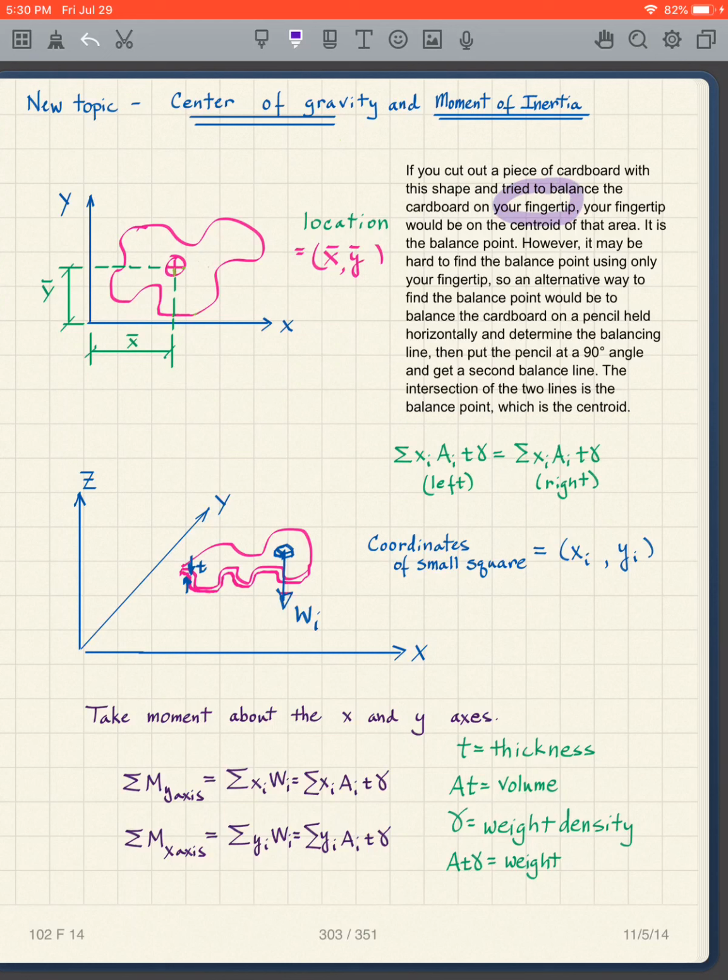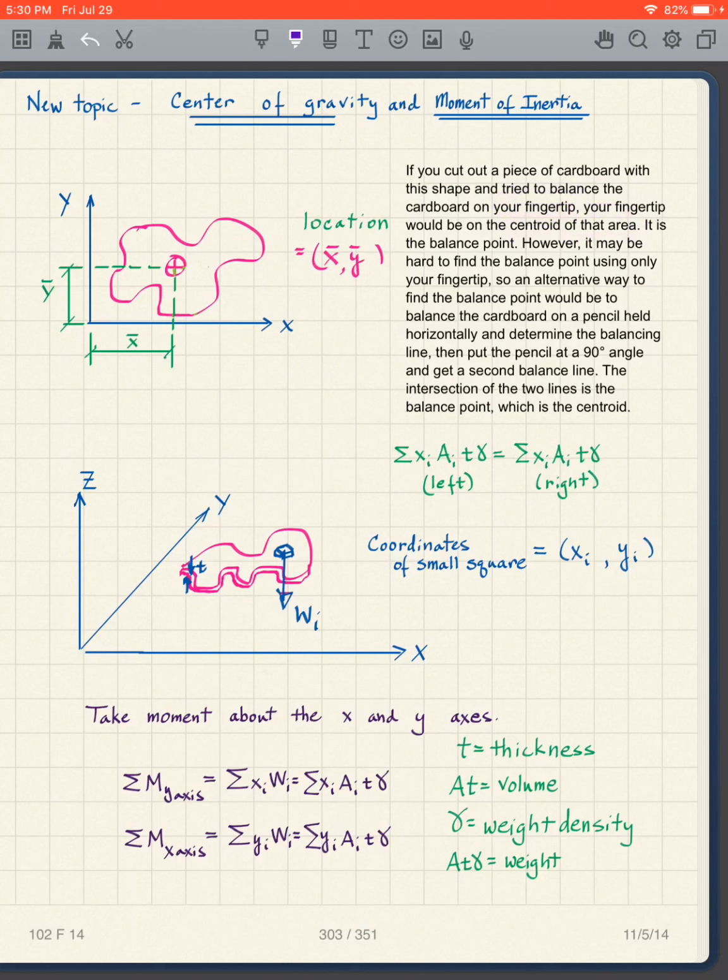Then the point of my fingertip would give me the centroid of that area. That's, in a sense, a simple way to find the centroid of an area from an experimental perspective.